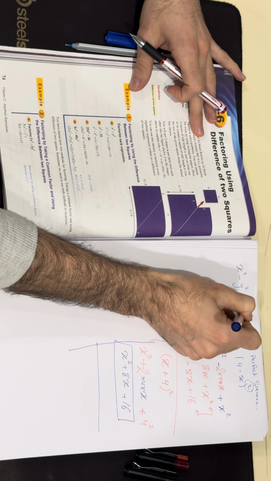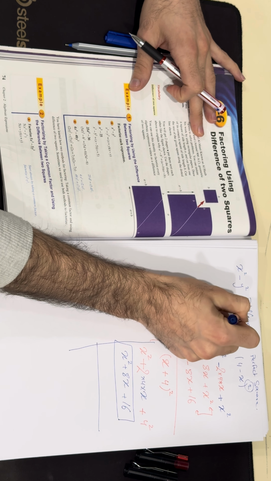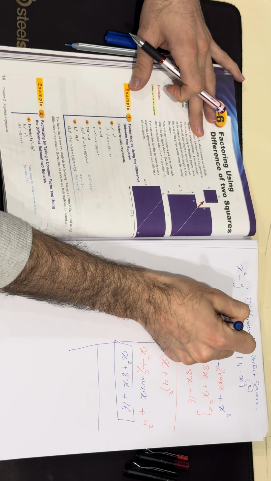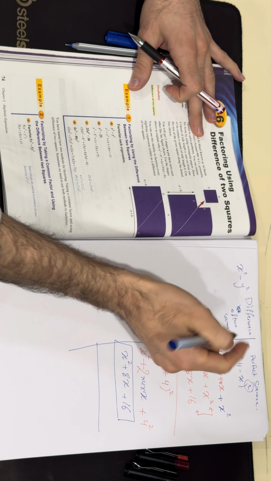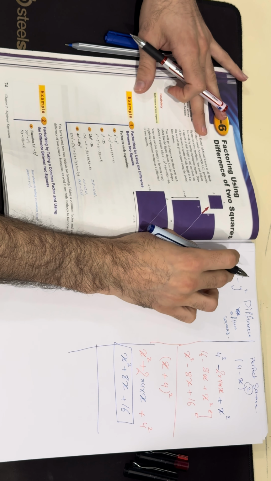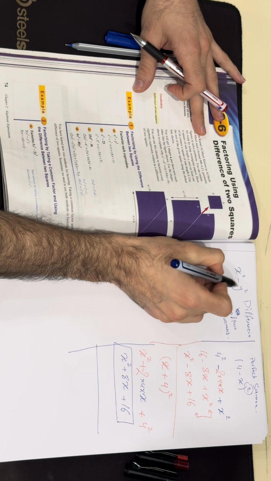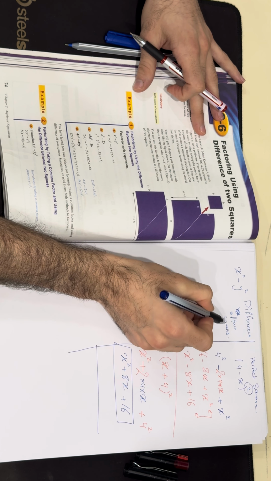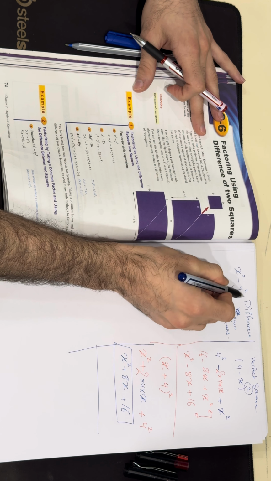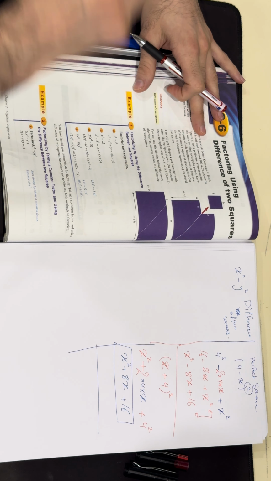Difference of two squares comes from two numbers or two letters or two terms that are perfect squares, they have power 2. Power 2 means square.